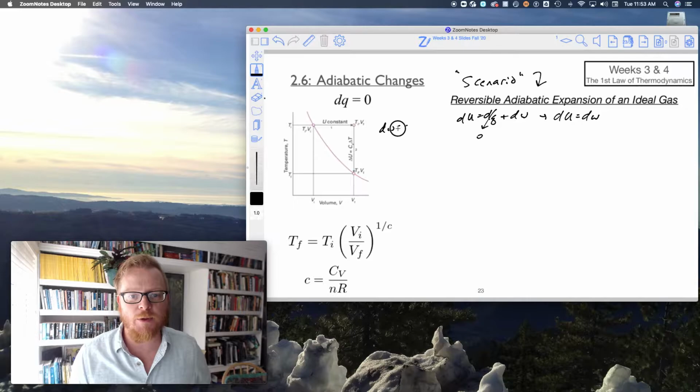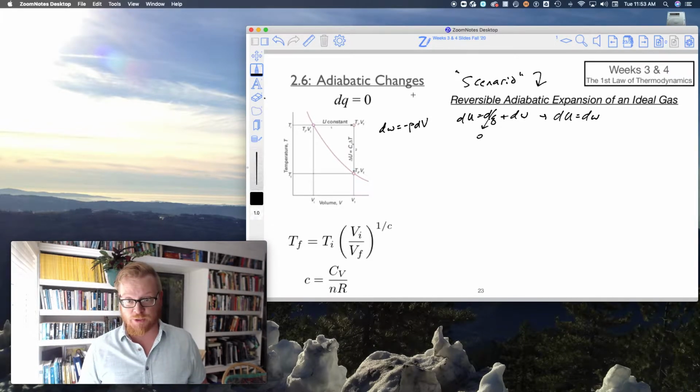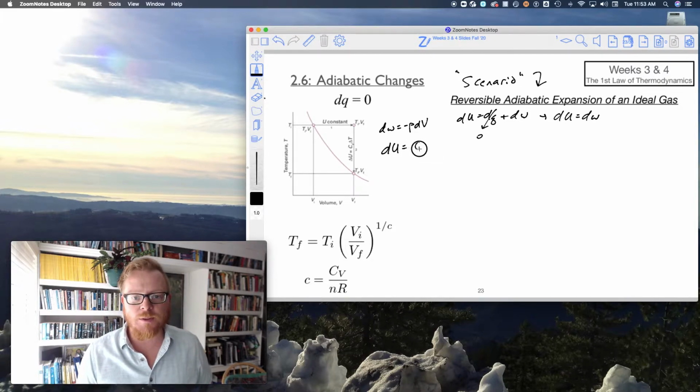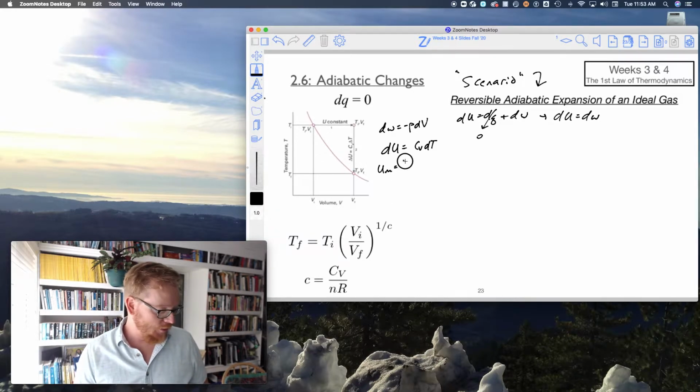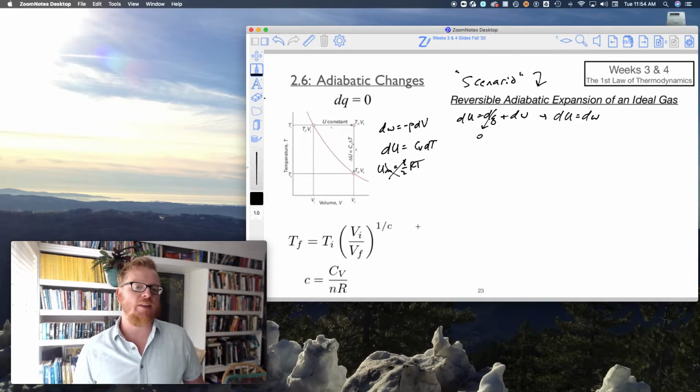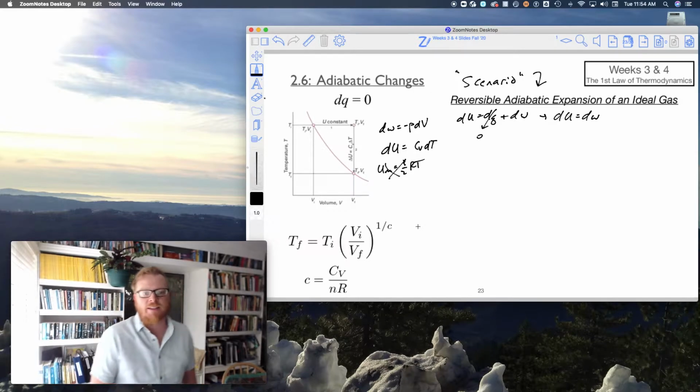We know that dw equals negative P dV for reversible changes, for reversible expansion or compression. We also know when volume is being held constant, dU equals CV dT. Another relationship that we know is that U equals 3/2 RT, but that doesn't really do anything for us because we don't see any volume dependence.